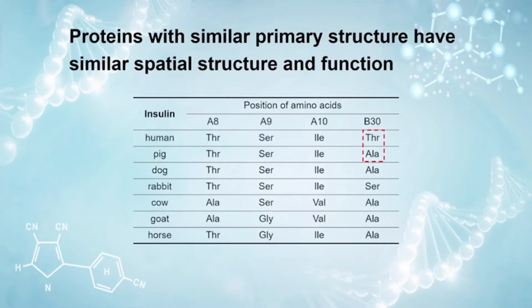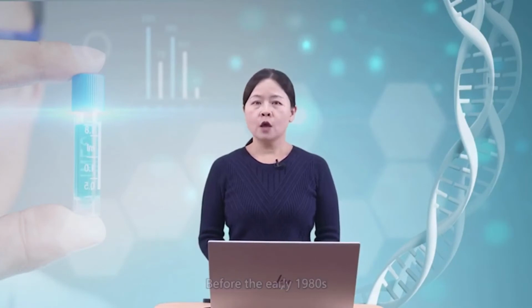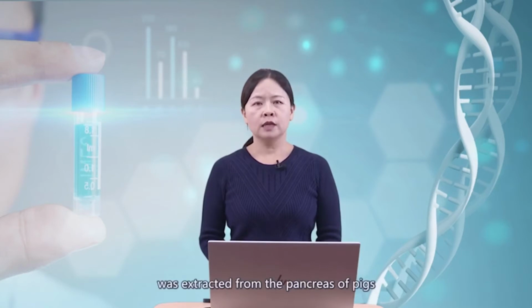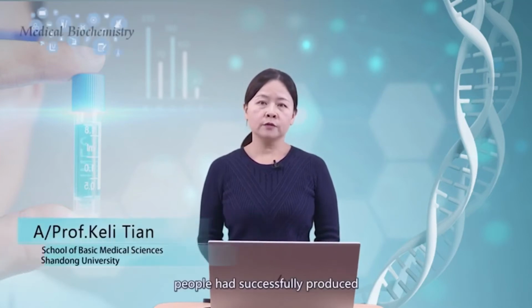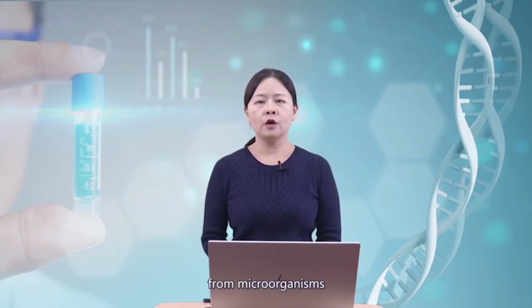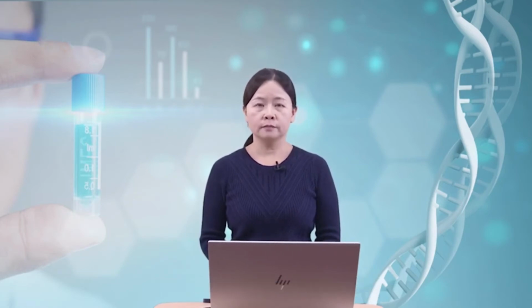In other words, insulin from pigs can also work in human bodies. Before the early 1980s, almost all insulin used in diabetes treatment was extracted from the pancreas of pigs. By the early 1980s, people had successfully produced human insulin in large quantities from microorganisms by using genetic engineering technology.